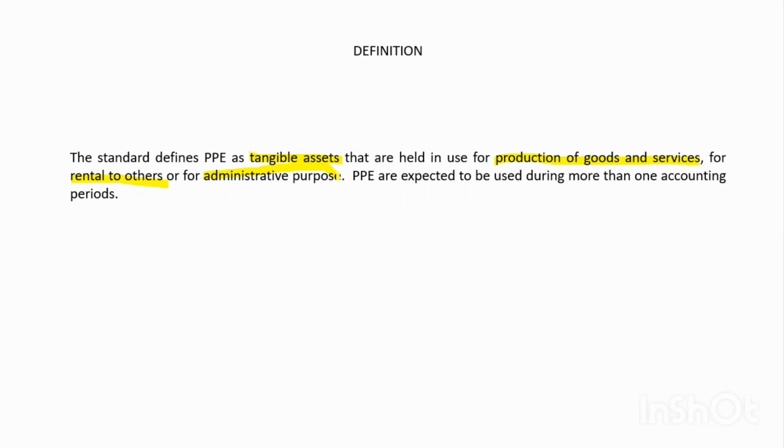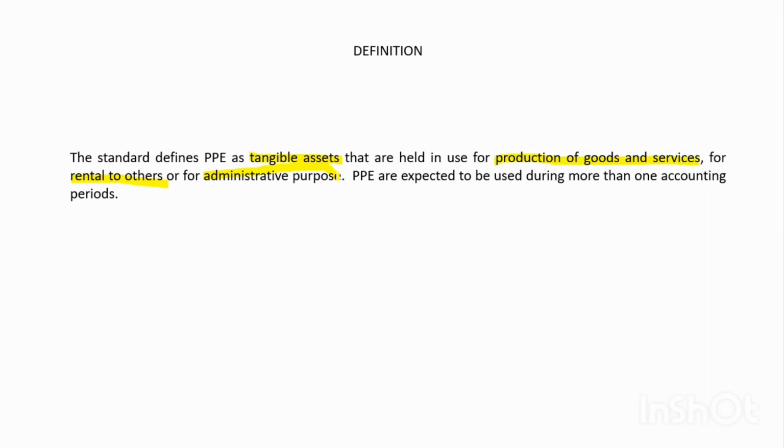And don't forget that before you recognize an asset as PPE, it is expected that the asset should be used during more than one accounting period. That is, the asset should be able to last for more than one year.